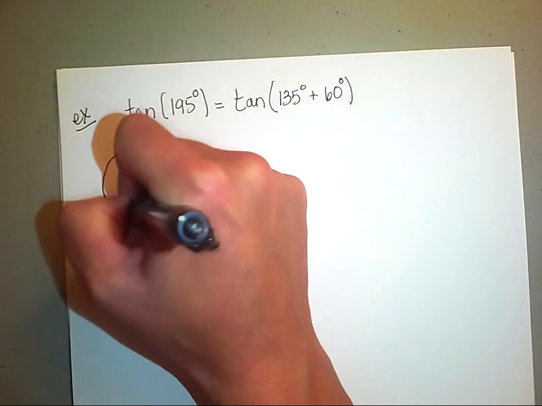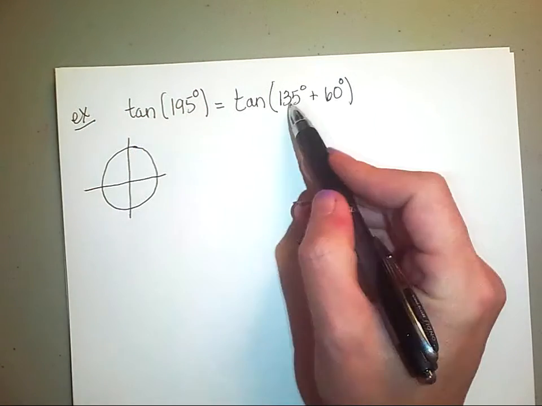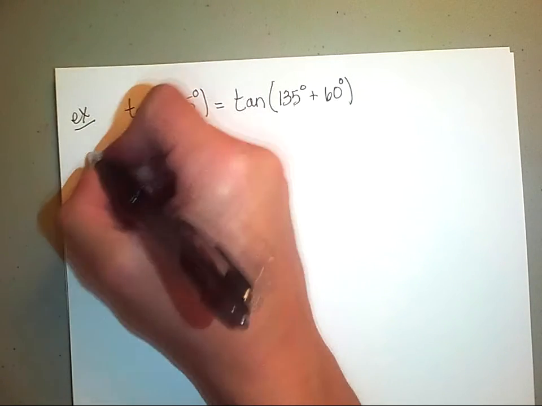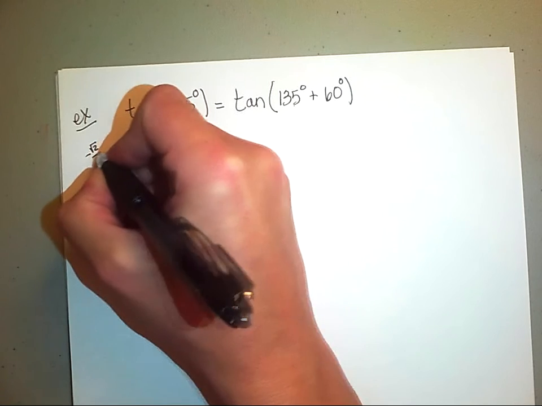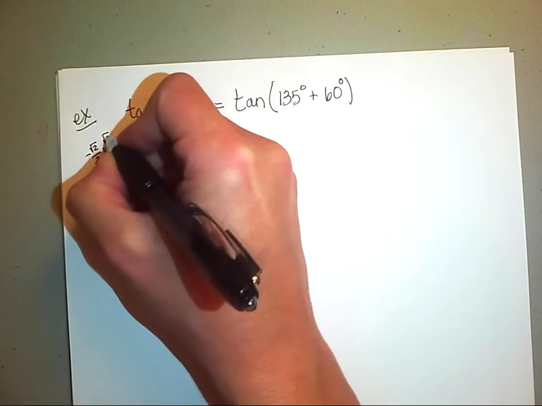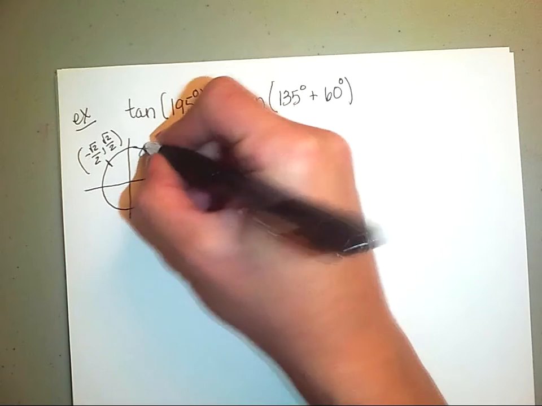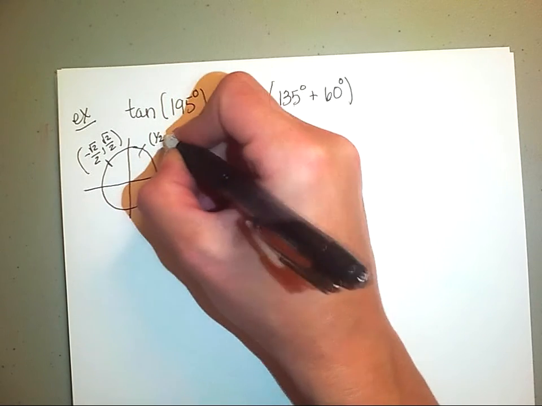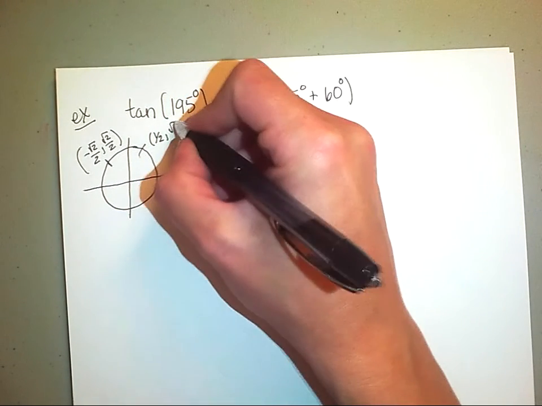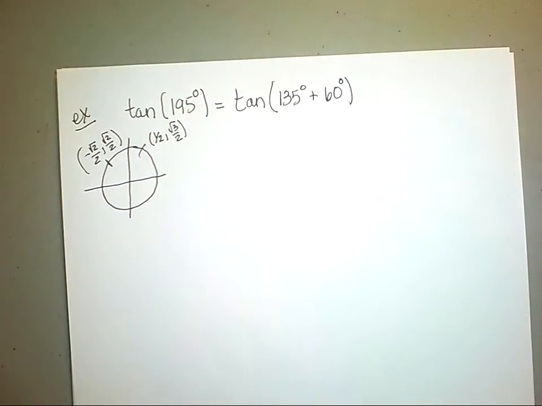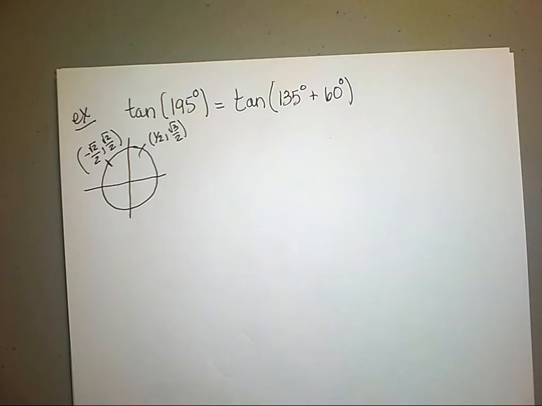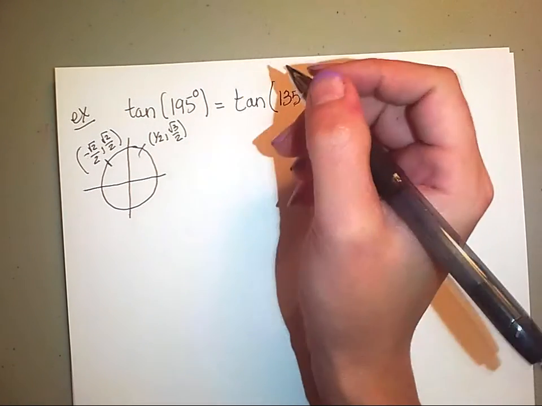So let's think about that before we do anything. 90 plus 45 is 135, so this is negative square root of 2 over 2 and positive square root of 2 over 2. And 60 degrees is up here, and that's 1/2, comma square root of 3 over 2. So these are our two angles.